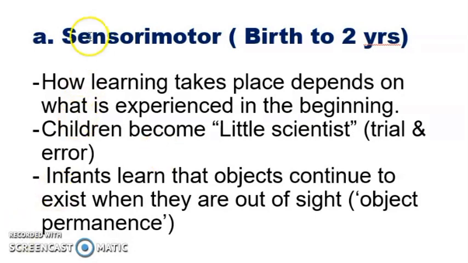Okay. At this stage, infants learn that objects continue to exist when they are out of sight. So we call that object permanence. So for example, si bata nakaupo sa table. Sa harap niya is his mother. Okay?